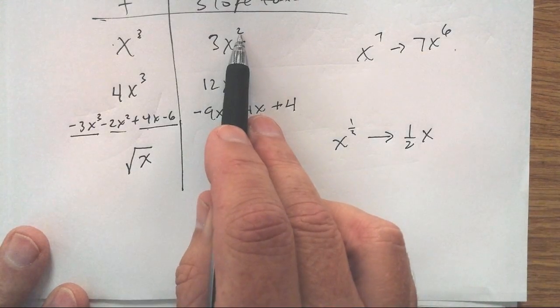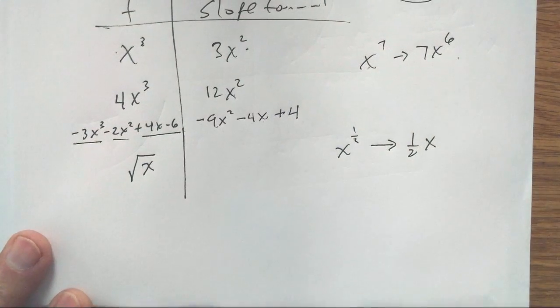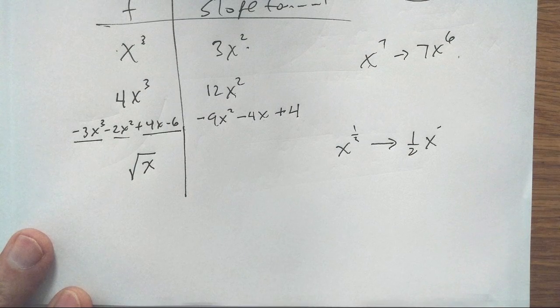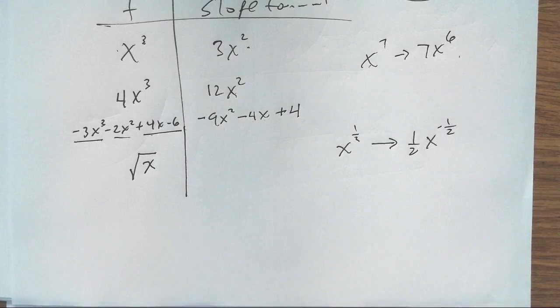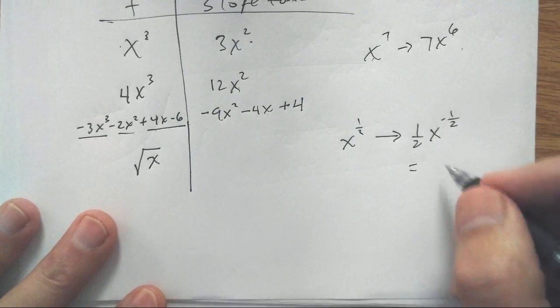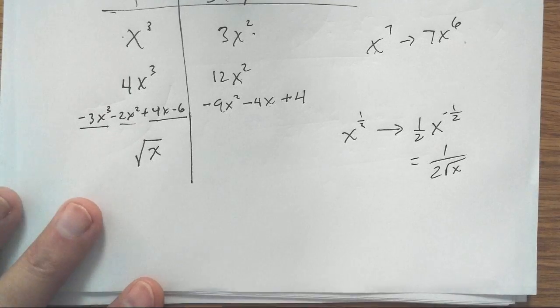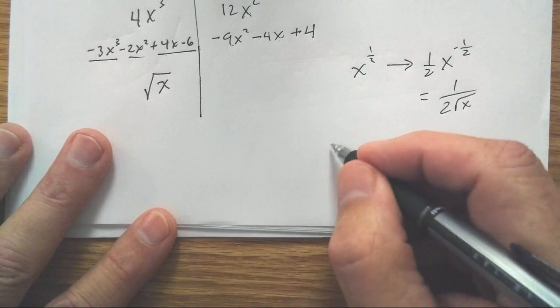Where'd this 2 come from? What's happening here? Yep. 1/2 x to the negative first. 1/2 x to the what? Negative first. No. Half. 1/2 x to the negative 1/2. Reduce it by 1. We could write that as 1 on 2 to the square, or 2 times square root of x.